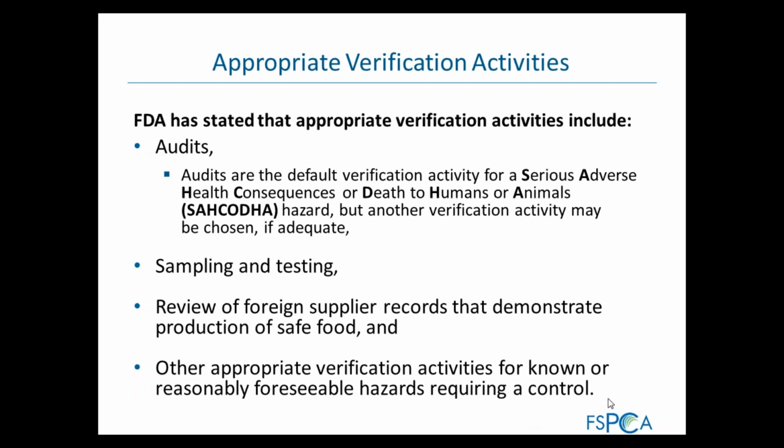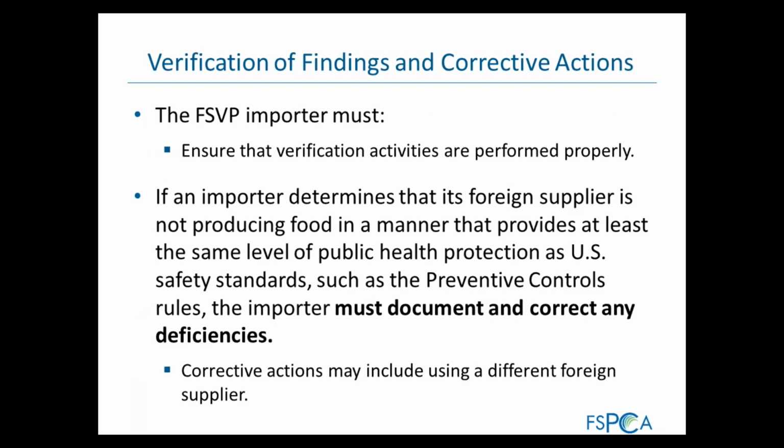But another verification activity could be chosen in the absence of a SACOTA hazard. Those types of verification activities include sampling and testing, reviewing the supplier's records, and other appropriate verification activities. So the FSVP importer must ensure that those activities are performed properly.